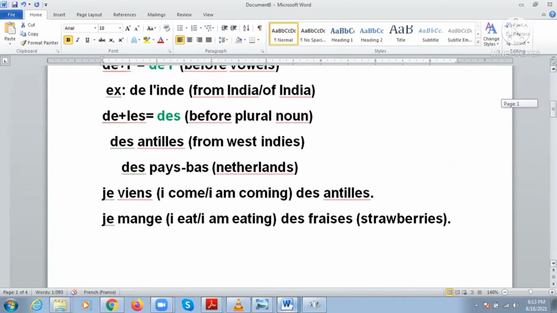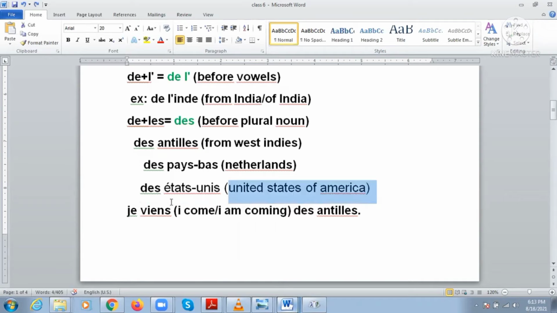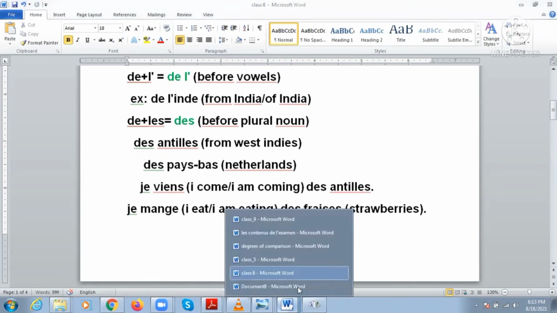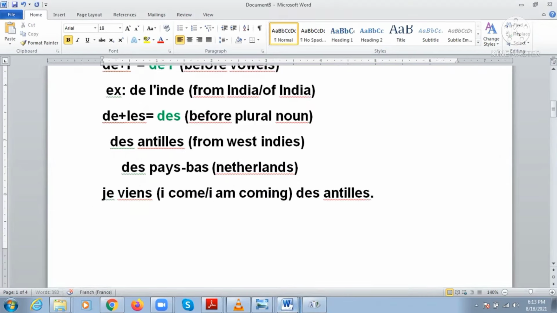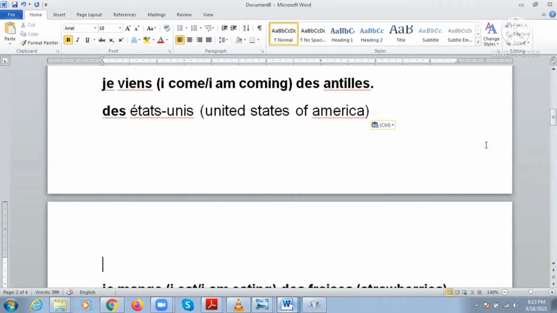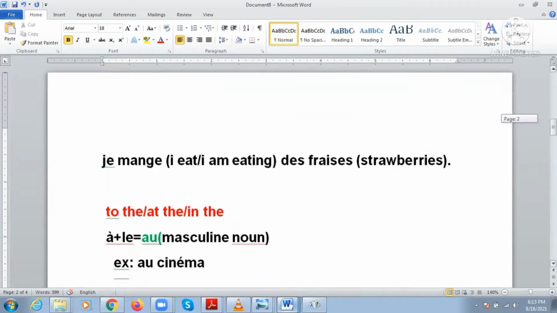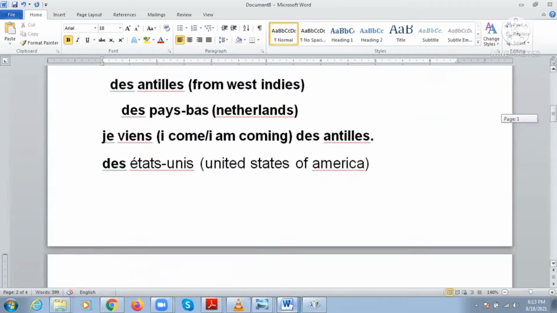Des États-Unis. De, zeta, okay, not de. États-Unis. De we will use now when we have to say of or from. États-Unis. So if we have to put de, then des États-Unis, des zeta.